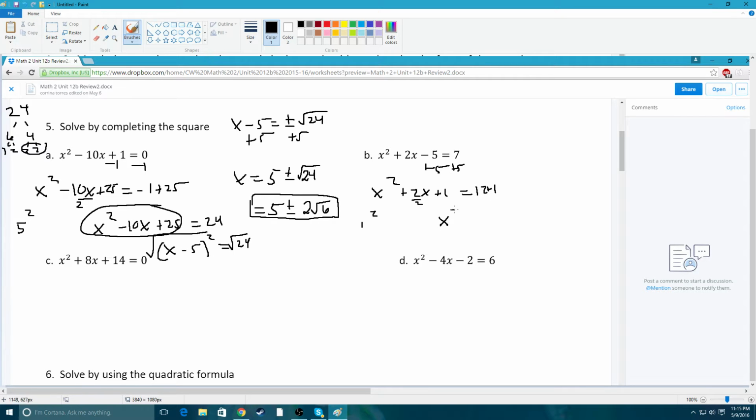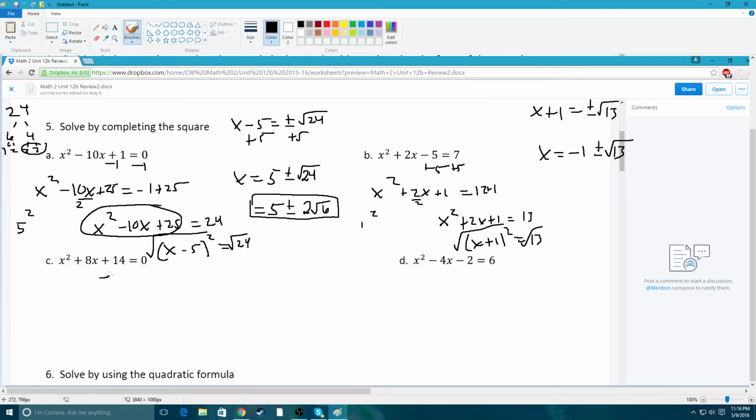So this is x squared plus 2x plus 1 equals 13, or x plus 1 squared equals 13, which means x plus 1, when you square root both sides, is equal to plus or minus root 13, or x equals negative 1 plus or minus root 13.